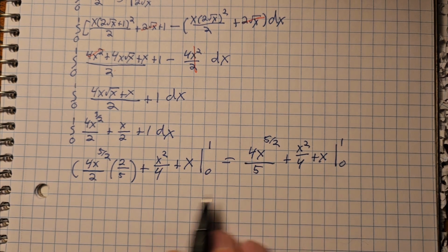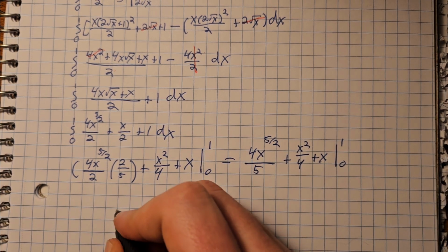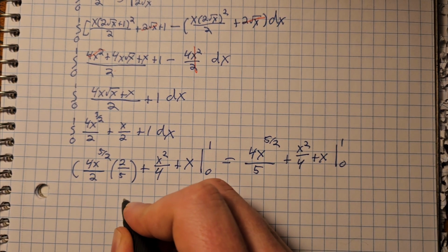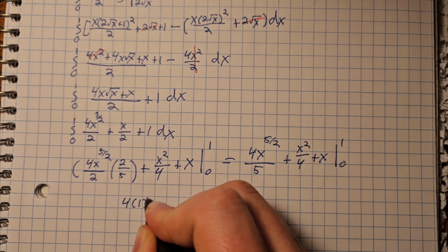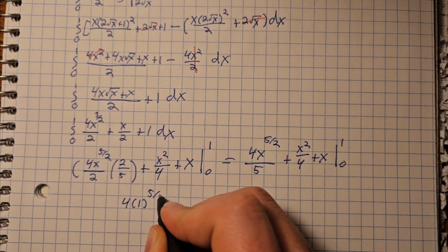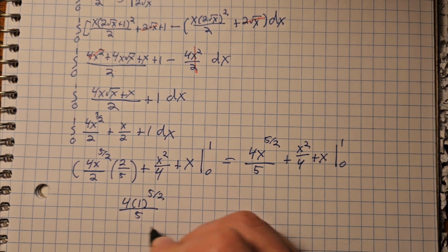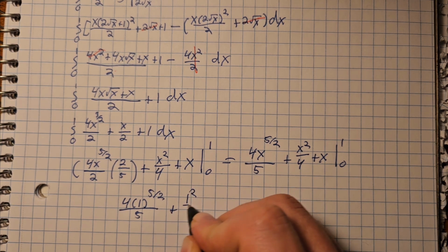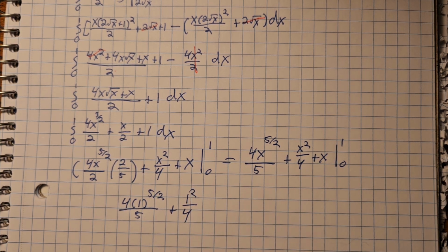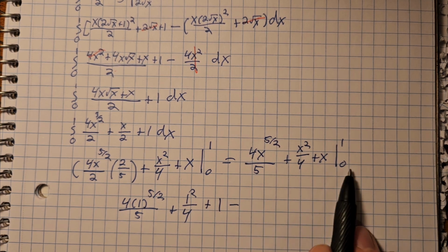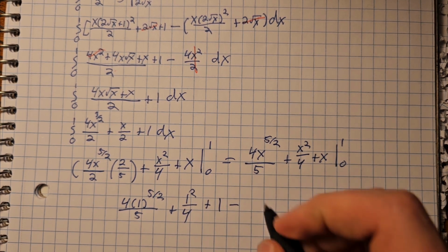All right. Now when we plug it in, we're going to have 4 times 1 to the 5 halves divided by 5 plus 1 squared divided by 4 plus 1 minus, if you put in 0 for all these, they're just going to be 0.